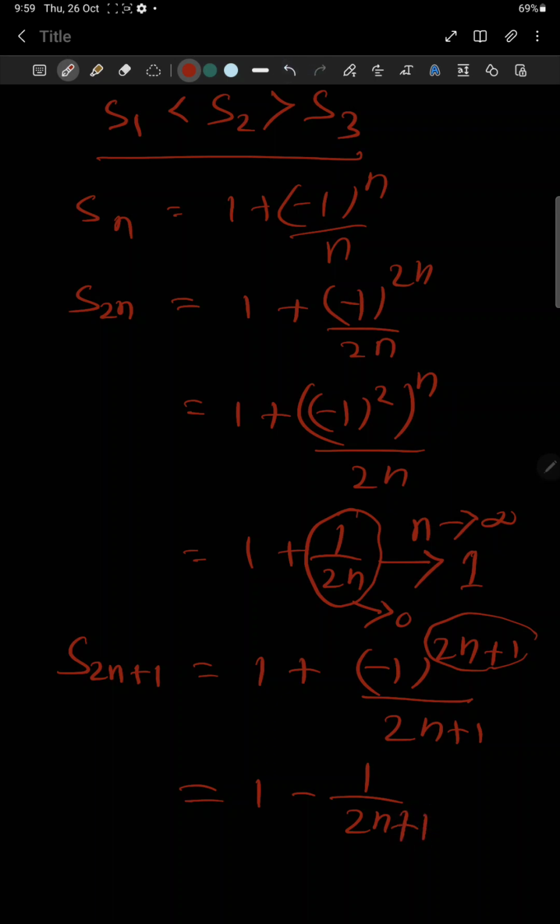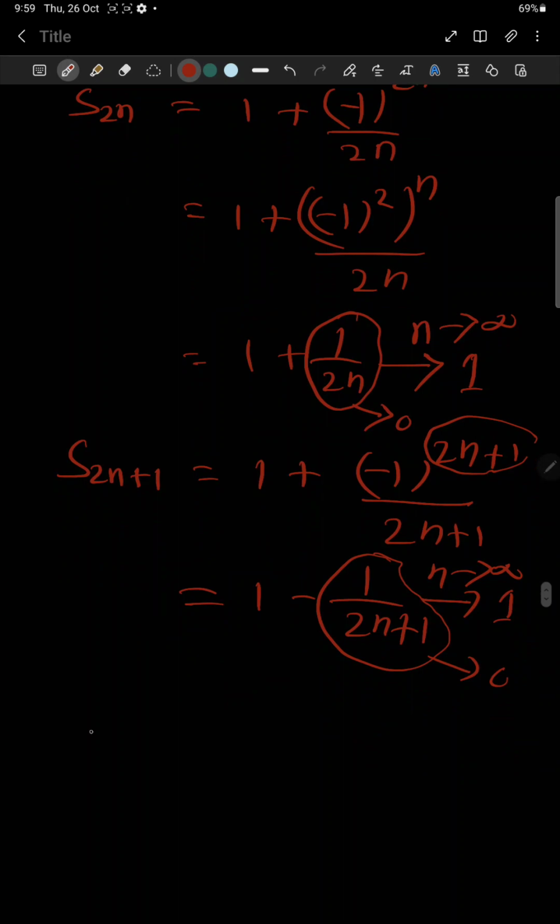It also goes to 1 when n tends to infinity, because this quantity also goes to 0 when n tends to infinity. Okay. So we get that S2n converges to 1 when n tends to infinity. S2n plus 1 also goes to 1 when n tends to infinity.